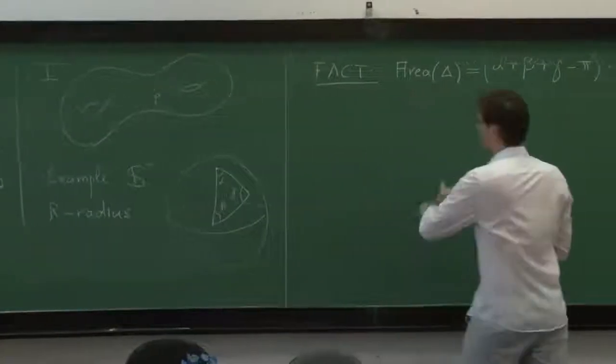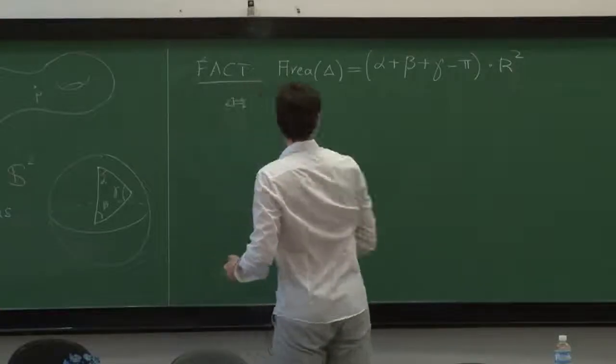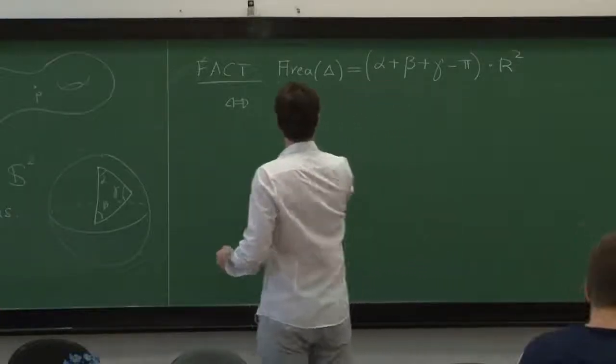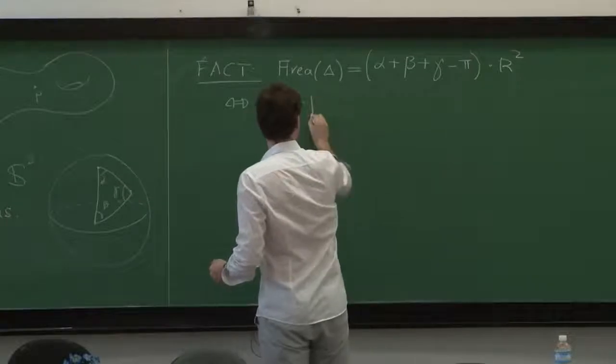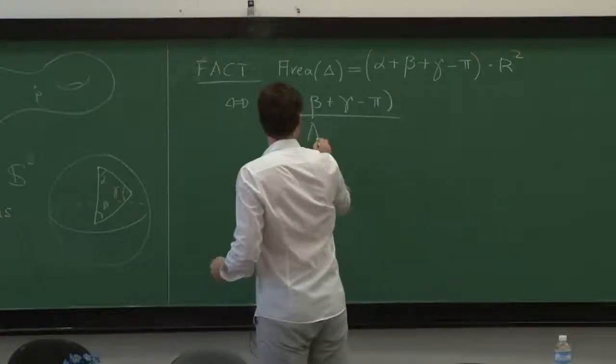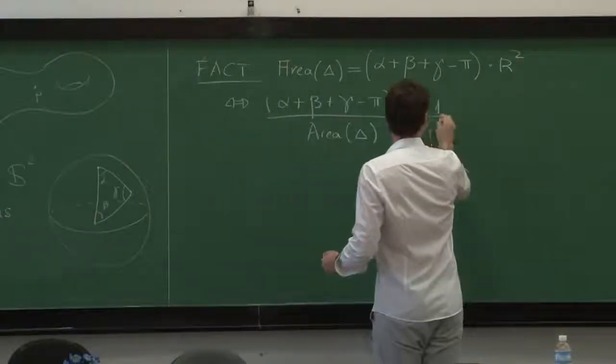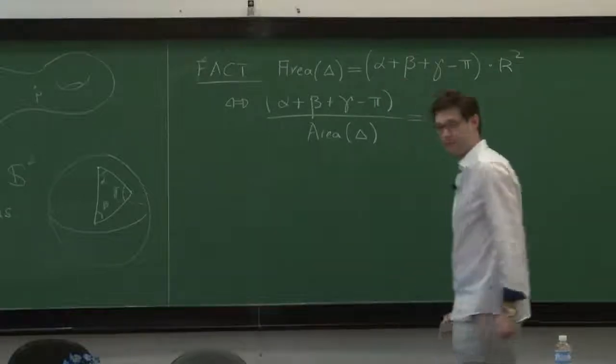So I can rewrite this equation as alpha plus beta plus gamma minus pi, divided by the area, equals 1 divided by r squared.